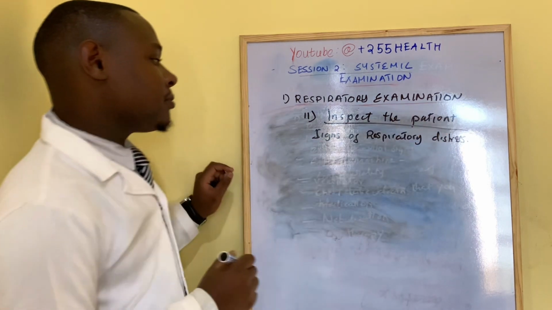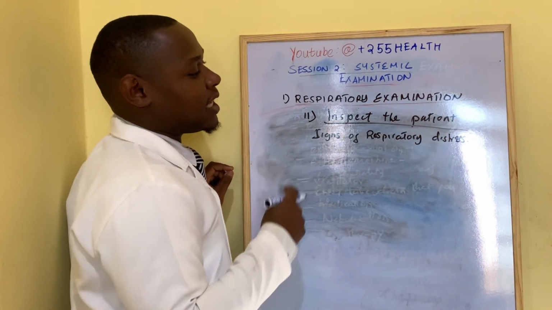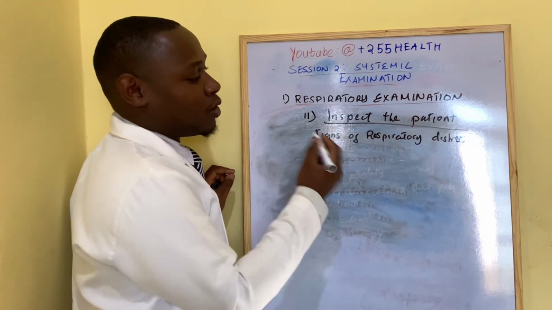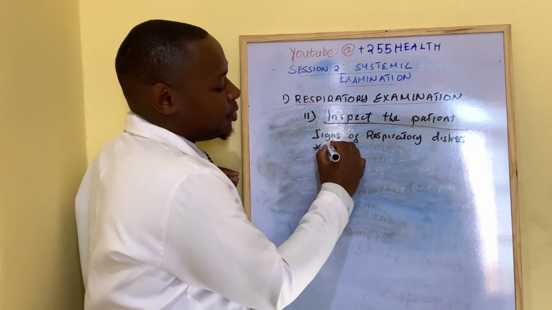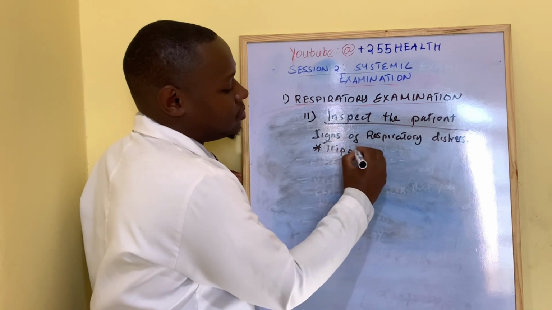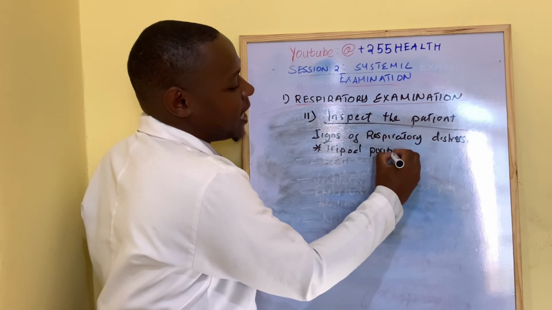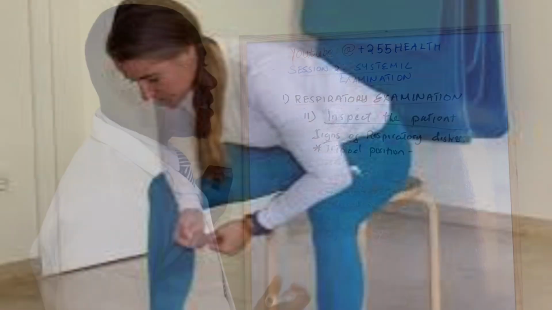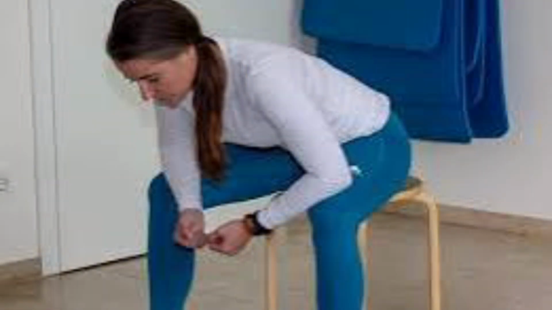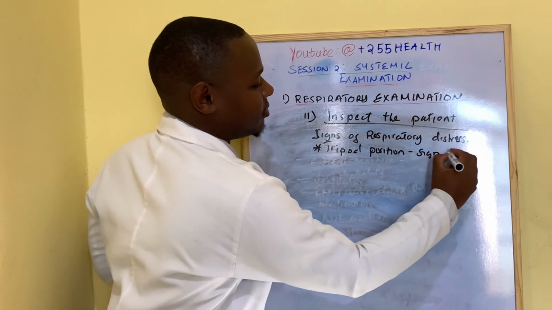The position that the patient is taking can give a very great clue. For example, if the patient is in a tripod position, this is a sign of respiratory distress because he's seated but leaning forward like this. So, a sign of distress.